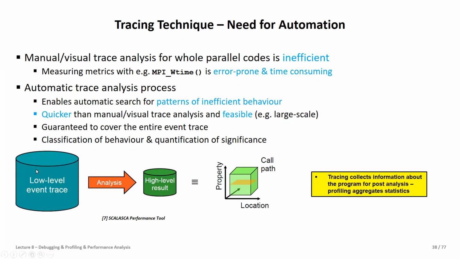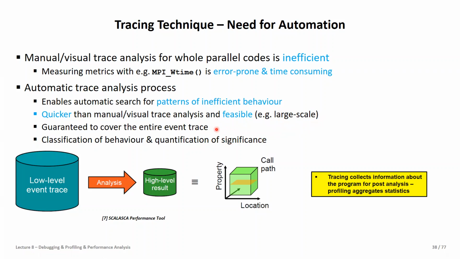You also have the opportunity to automatically search for patterns of inefficient behavior. This is much quicker than anyone of us could do manually, or just by looking at some visual trace analysis. And you can of course employ it at really large scale, in large-scale HPC applications.